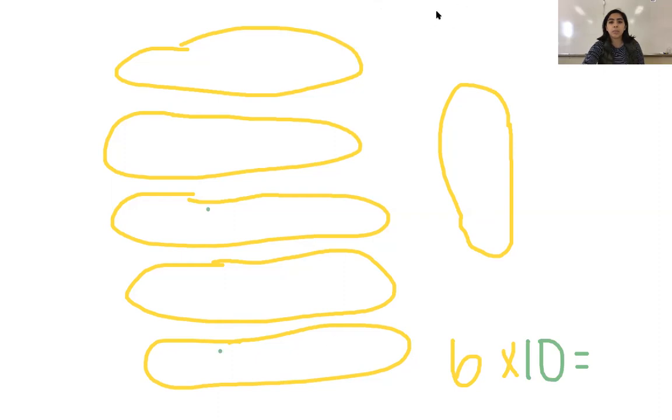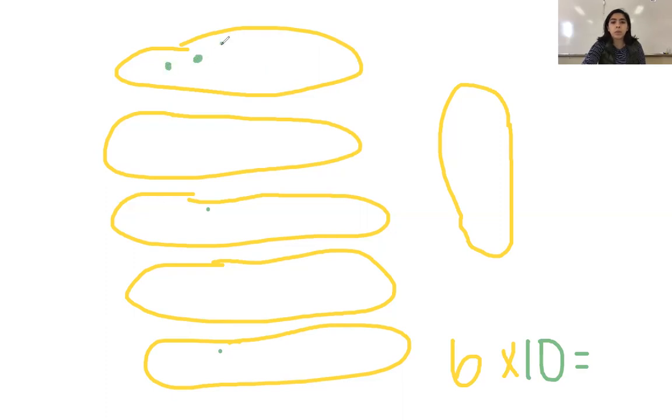There's 6 groups, and then they're telling us there's 10 green beans or 10 things in each of the groups. So let's go ahead and put that in there.